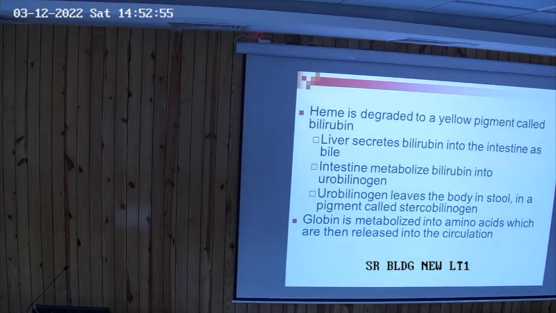Heme is degraded to a yellow pigment called bilirubin. Liver secretes bilirubin into the intestine as bile, and urobilinogen or stercobilinogen are respectively removed. Globin is metabolized into amino acids, which are then released or reused via circulation.